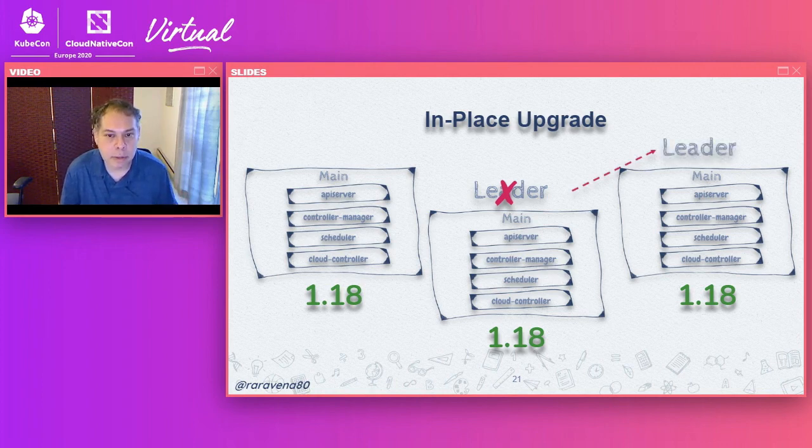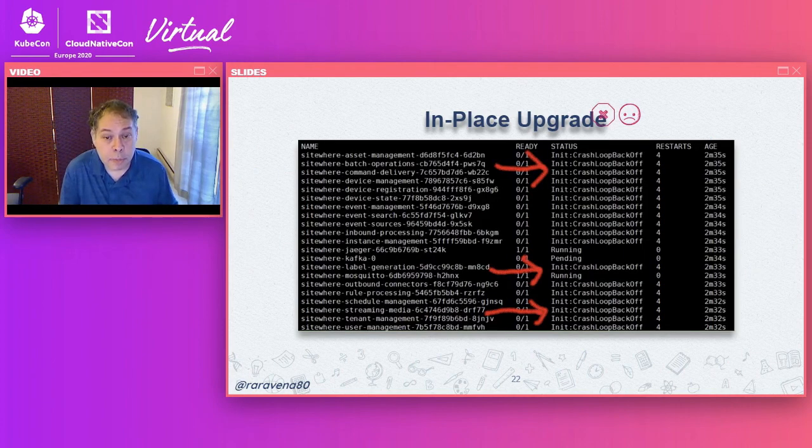When this happens and you're doing the upgrade, you have workloads running and maybe things being scheduled. So you might run into something like this. You have CrashLoopBackOff in some pods. You have some containers or pods running in pending state. Some of them running with no problems, but some things are not going to work the way you want them to.